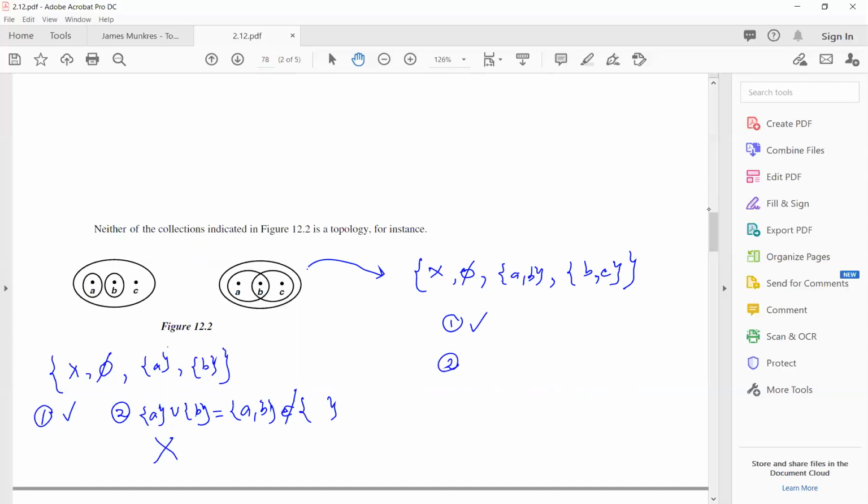The second condition, okay, let us move forward to the third condition, check to see if it's closed under finite intersection or not. Take a look at AB intersection BC. You can actually see the intersection is equal to B, which is not a member of this collection. So the third condition is not met, and it's not a topological space.